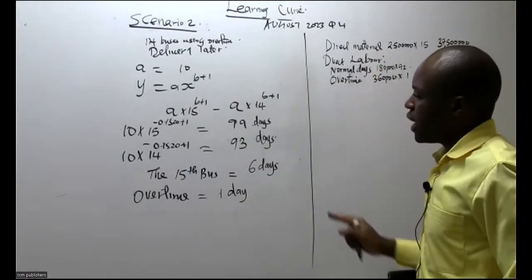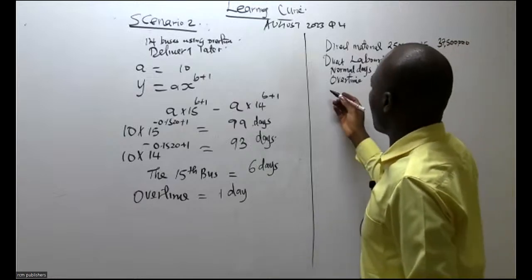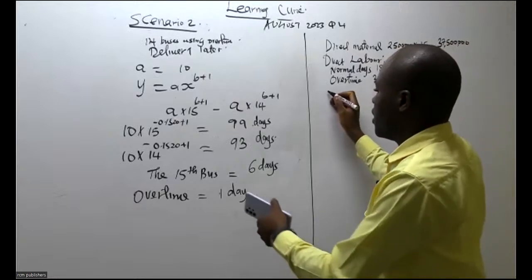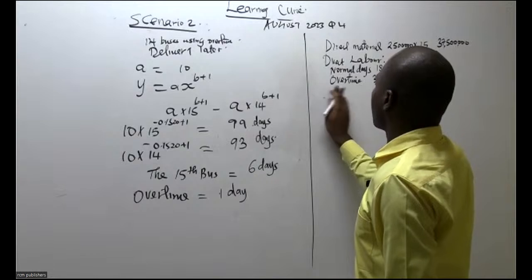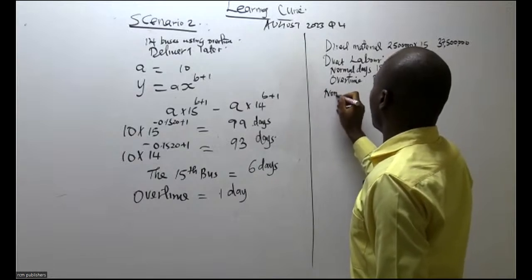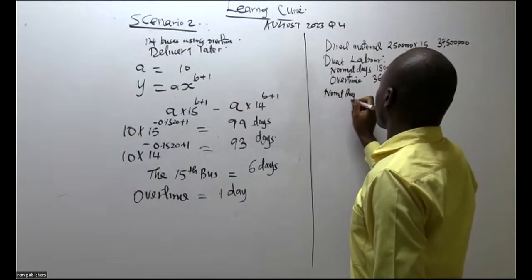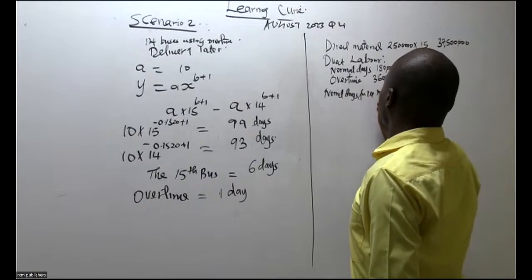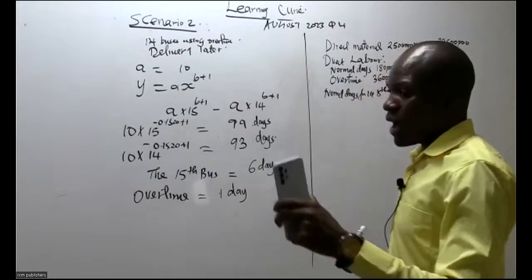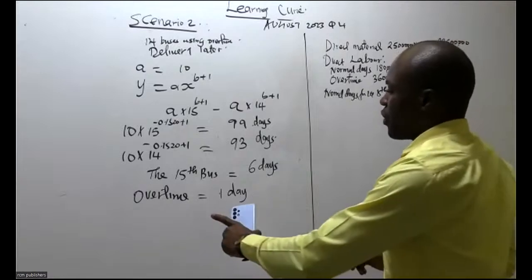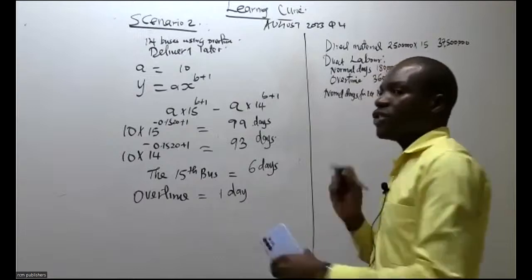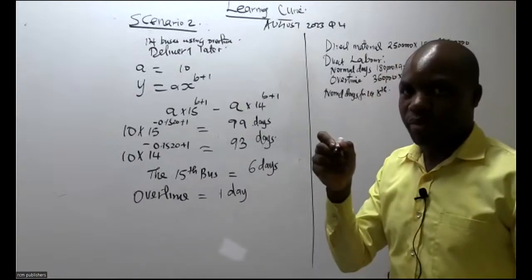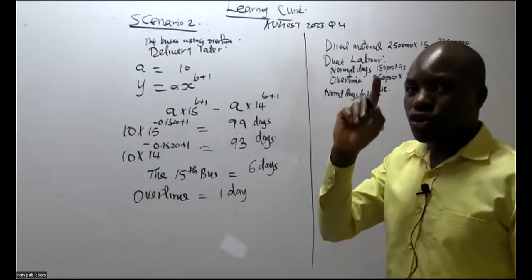Now, we need to get the time taken for producing the last or the 15th bus. Direct labor for normal days for the 15th bus, you are going to take how many days? 6. These 6 days is not overtime.